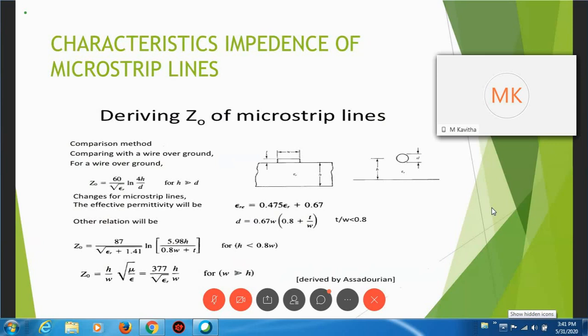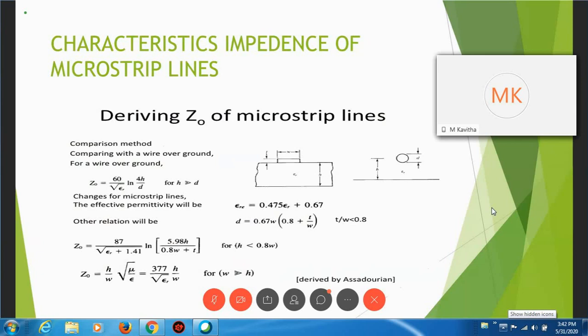When we are designing the filters and couplers, we need to consider the design parameters, that is, characteristic impedance and effective dielectric constant. The characteristic impedance depends on H by W and the square root of mu by epsilon, where H is the height of the substrate and W is the width.